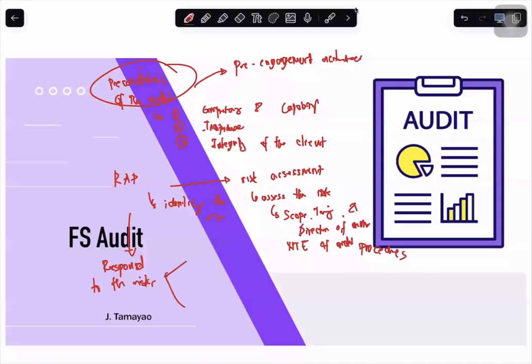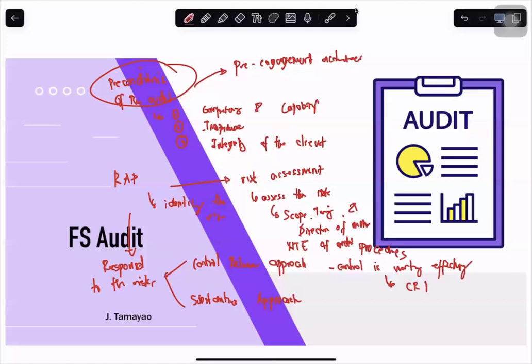So there are two responses on the risk, either control reliance or substantive approach. In control reliance, we say that the control is working effectively, thus, control risk is low.